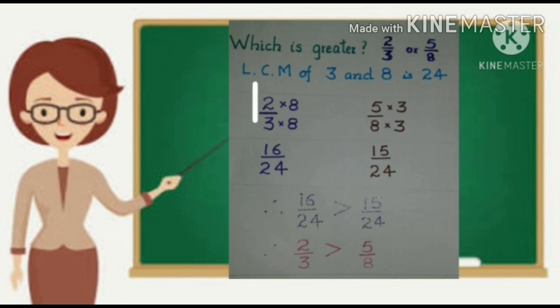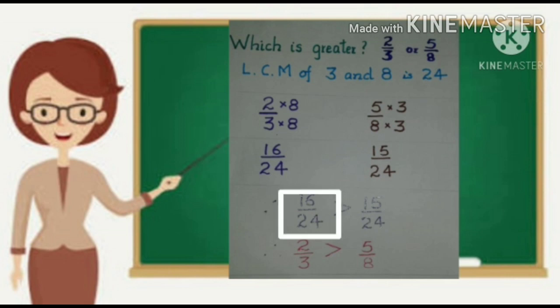Take the fraction 2/3. When we multiply both by 8, we get 16 upon 24. Now take the fraction 5/8. When we multiply both by 3, we get 15 upon 24. Now we can compare easily. The numerator 16 is greater than the other numerator 15.